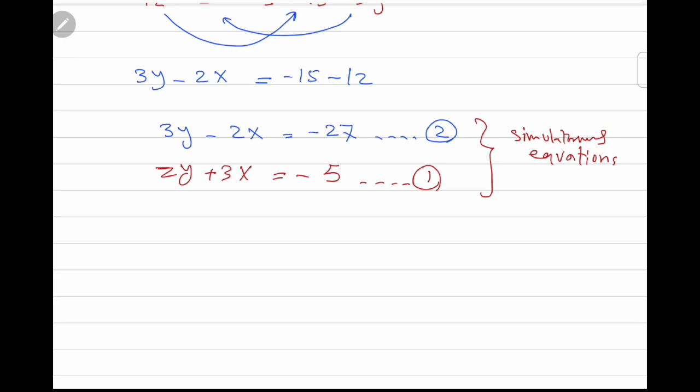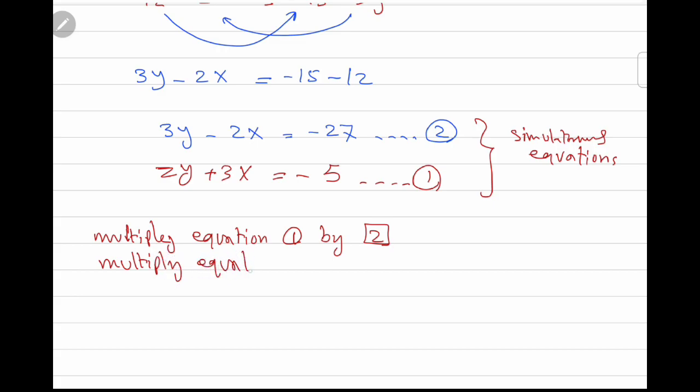To solve this equation, we need to make one of the variables in both equations have the same coefficient. So you can multiply equation 1 by a factor 2, and multiply equation 2 by a factor 3.